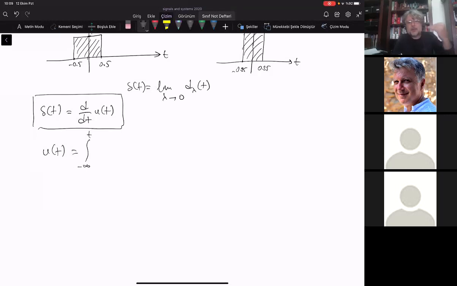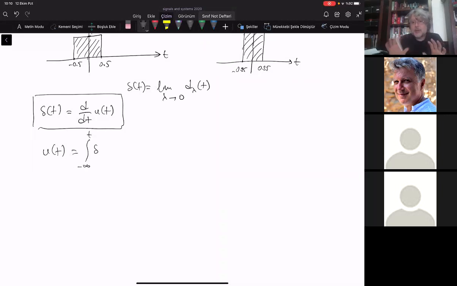So from minus infinity to t, we have to integrate delta of t. But we cannot call it delta of t now. T is in the upper limit of the integral. So we have to use some other terminology. The best terminology that we have available for such mathematics in Signals and Systems, we also use it that way.